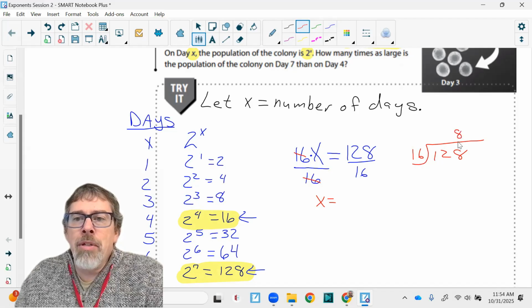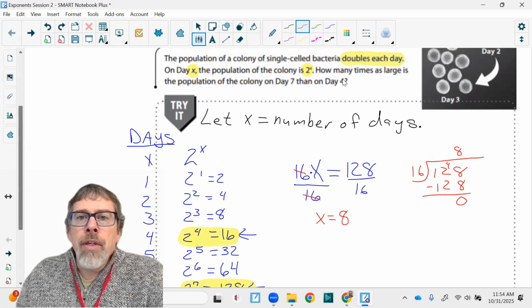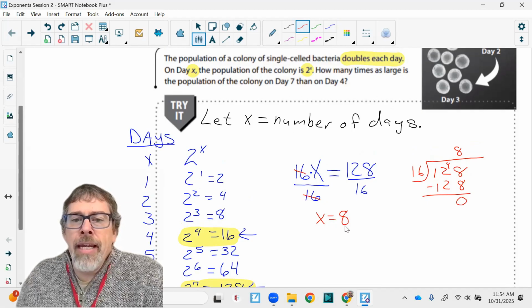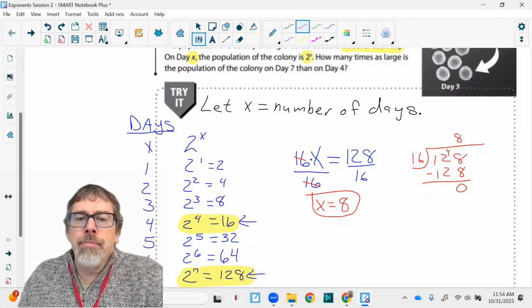I think 8 times, because 6 times 8 is 48, and 8 times 1 is 8, plus 4 is 12. Subtract, and there are no remainders. So the answer is, okay, the population of the colony on day 7 is 8 times larger than the colony on day 4. So the answer is 8 times larger.